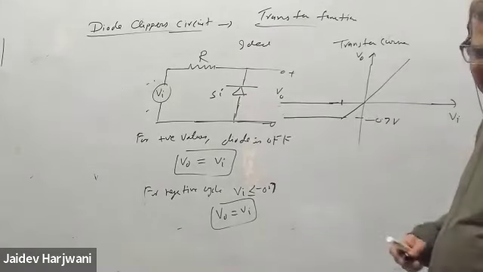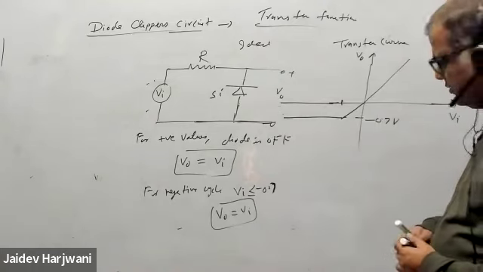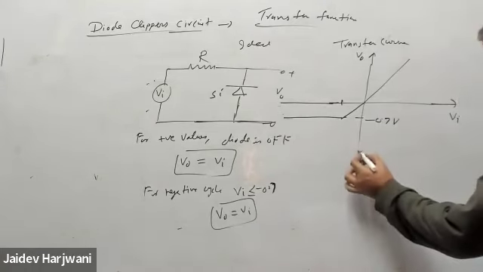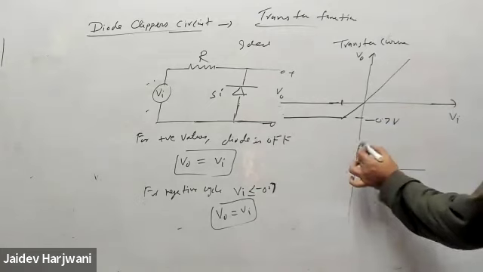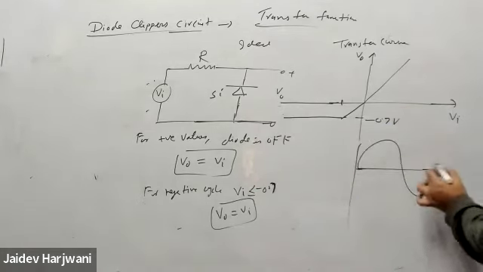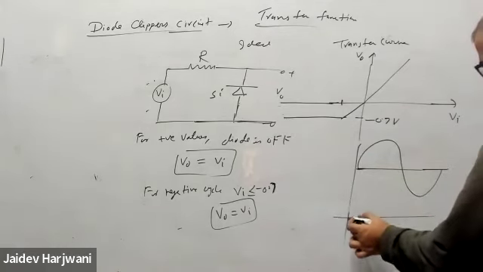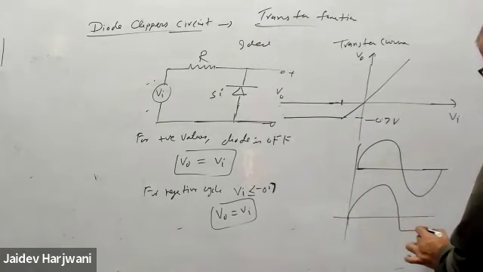Is this graph clear? Yes, sir. And now you can plot this graph for a sine wave also. For the positive cycle you are getting it as it is, and the negative cycle you are getting like this.